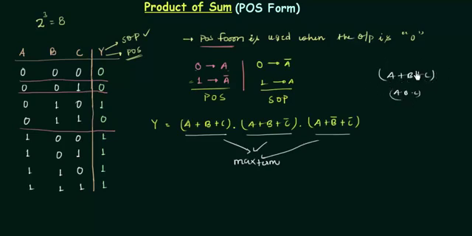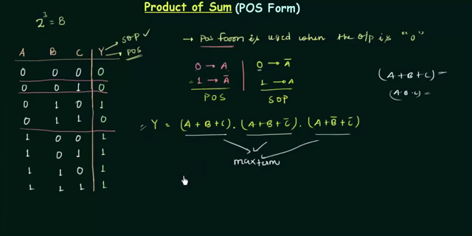This is looking maximum because of its size, and this is looking minimum because of its size. That's why we call it the max term, and this one the min term. There is no special reason for this. The functionality of the function Y will never change. If you want to represent it in POS form or in SOP form, it will yield the certain output depending upon the input. And this POS form written here I have obtained from the SOP form itself.